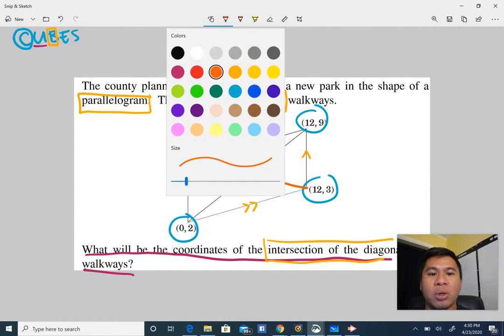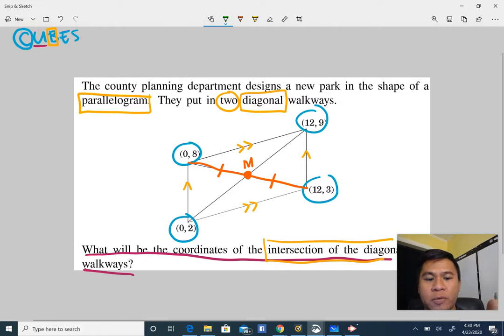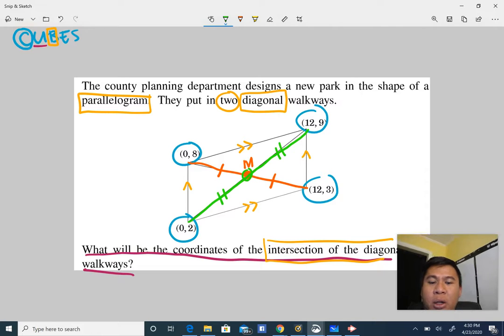Similarly, on the next diagonal, from (0, 2) to (12, 9), we can also see that point M is in fact the midpoint of that particular diagonal. With that being said, to get the intersection of the diagonals, we simply need to get the midpoint either from (0, 8) to (12, 3) or from (0, 2) to (12, 9).